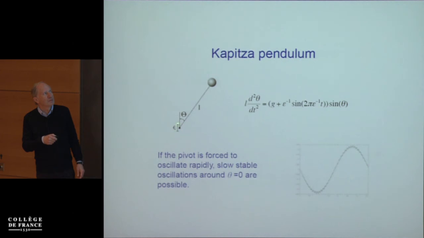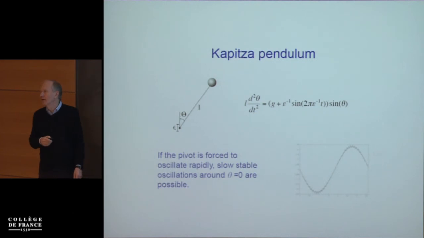So you have a pendulum that if you take the pivot point and oscillate that rapidly, so this is not adaptive control in this case, you have this given, then you would have a force from the oscillation in such a way that the pendulum will be stable when it's pointing up. And it will swing back and forth over here.